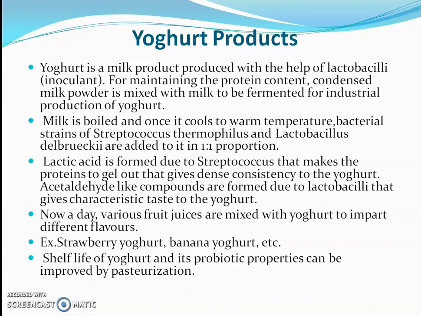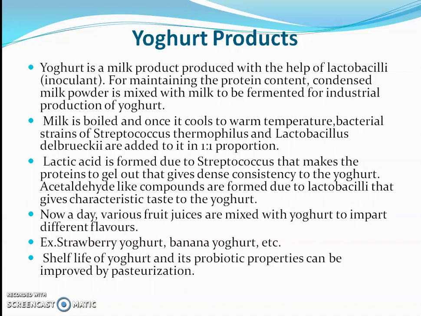Bacterial strains of Streptococcus thermophilus and Lactobacillus bulgaricus are added in 1:1 proportion. Lactic acid is then formed by Streptococcus and makes the protein gel out and give a dense consistency to form yogurt.